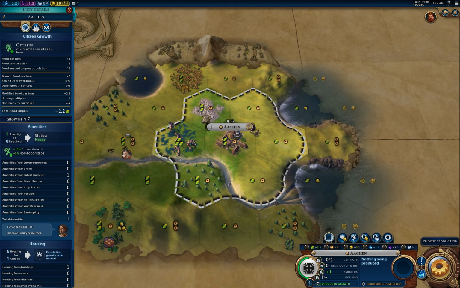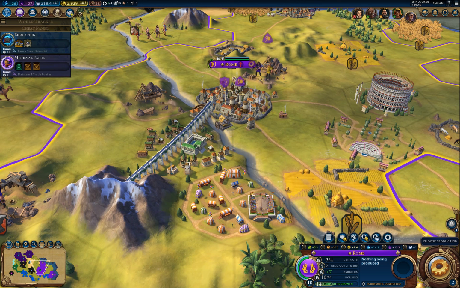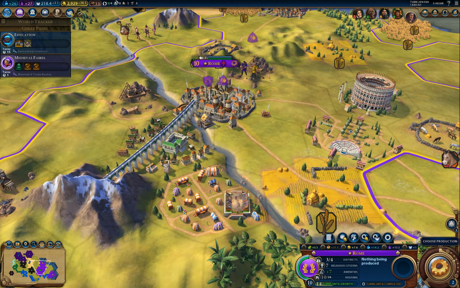Okay, so now we'll talk more about placement of districts, the adjacency bonus. It's a big deal. What we're going to talk about is how adjacent districts and certain other types of structures like mountains and woods can give bonuses to certain districts.